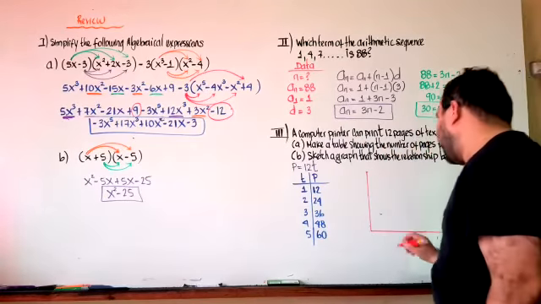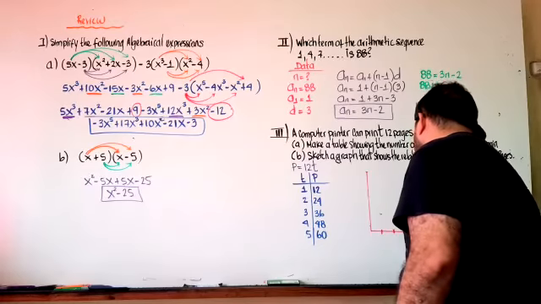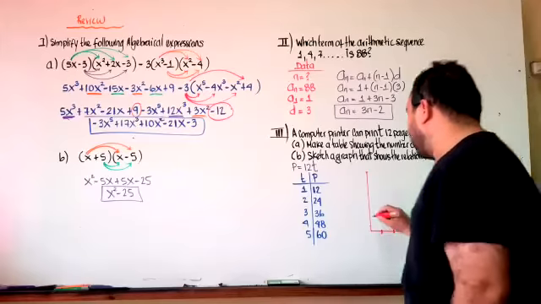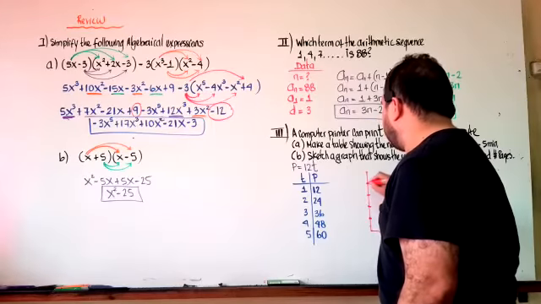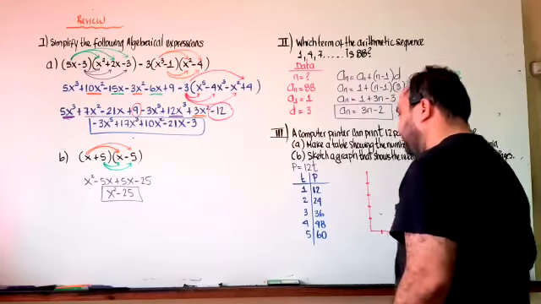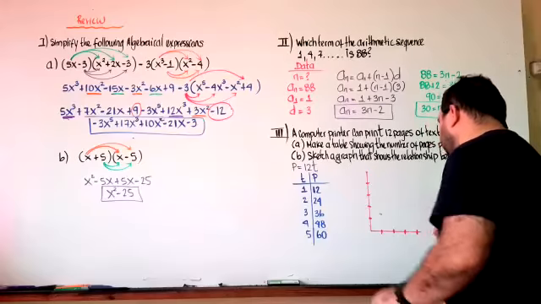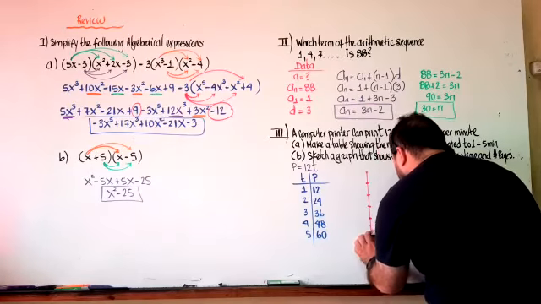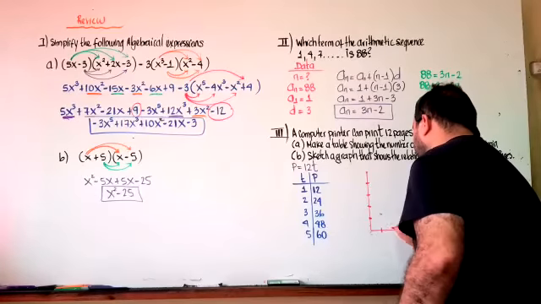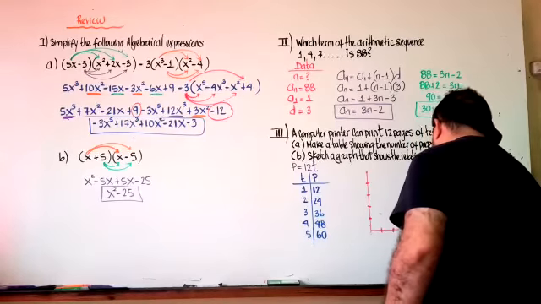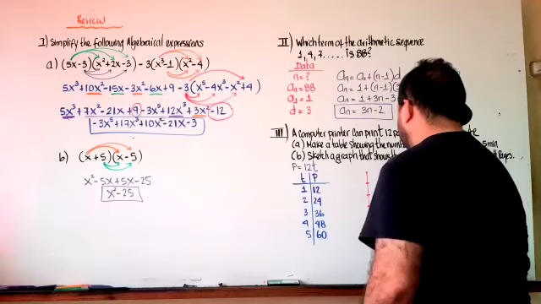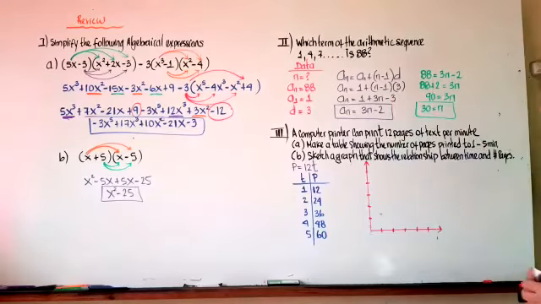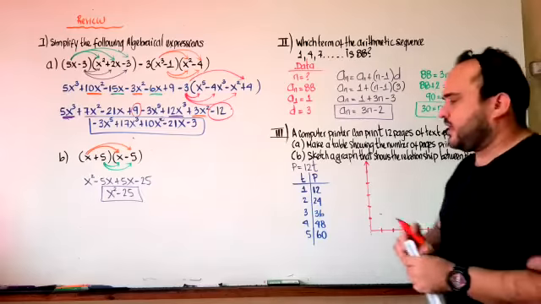And we'll have, for example, 1, 2, 3, 4, 5, 6 numbers, okay? And I'm going to label the coordinate plane.